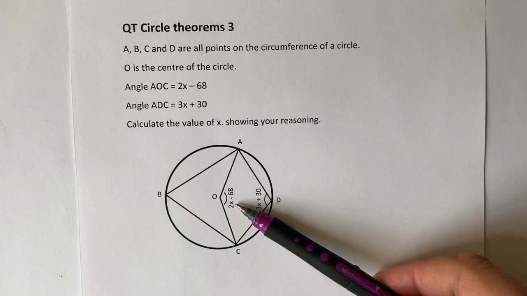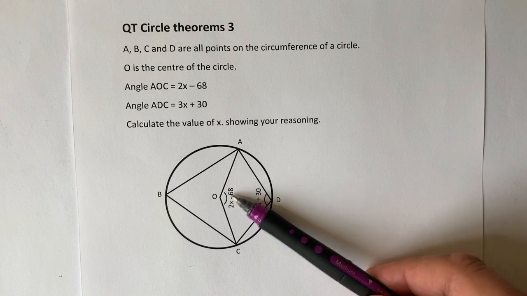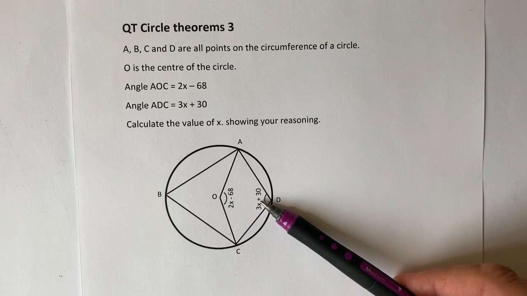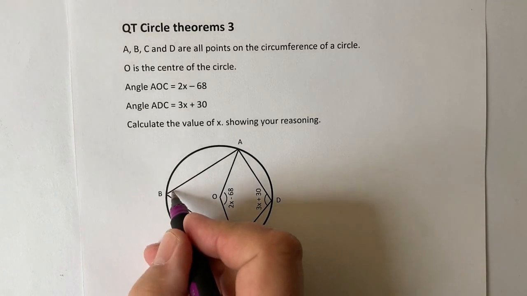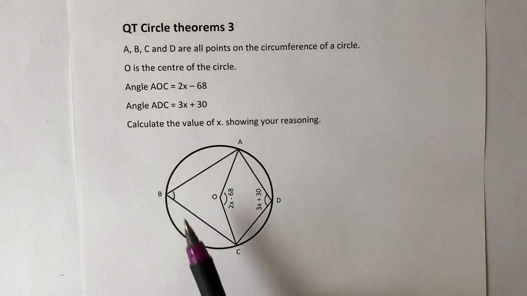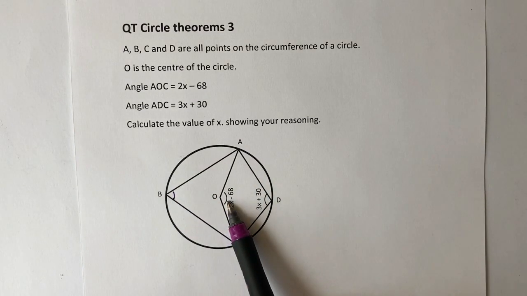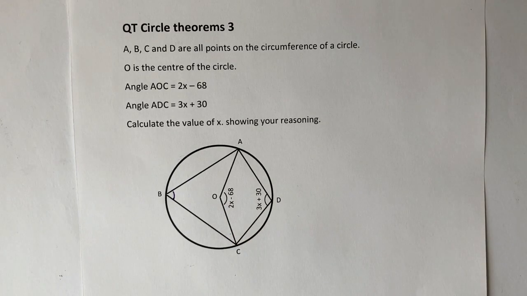In other words, we've got 2x minus 68 is this angle, and 3x plus 30 is equal to this angle. So the first thing I'm going to do is say the angle at the circumference, which is this one here, is going to be half the angle at the center, and that's one of the first circle theorems that you need to make a note of if you're showing your reasoning.